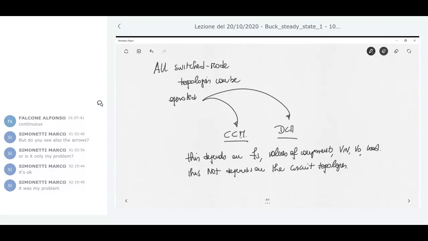Just change the frequency or change the value of some components, and then you can have a totally different behavior.